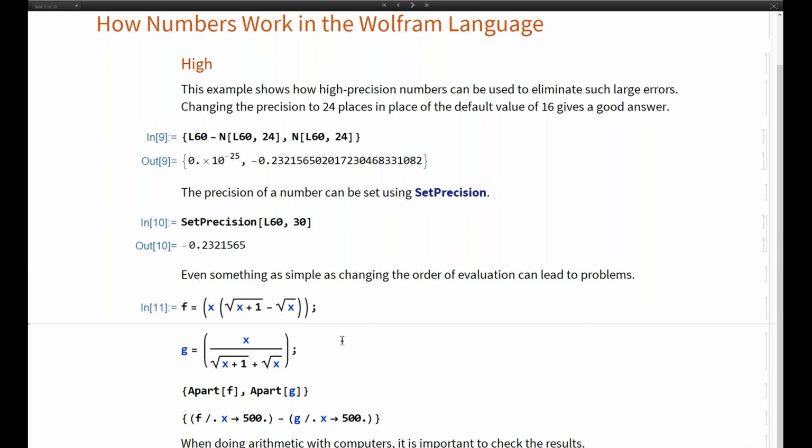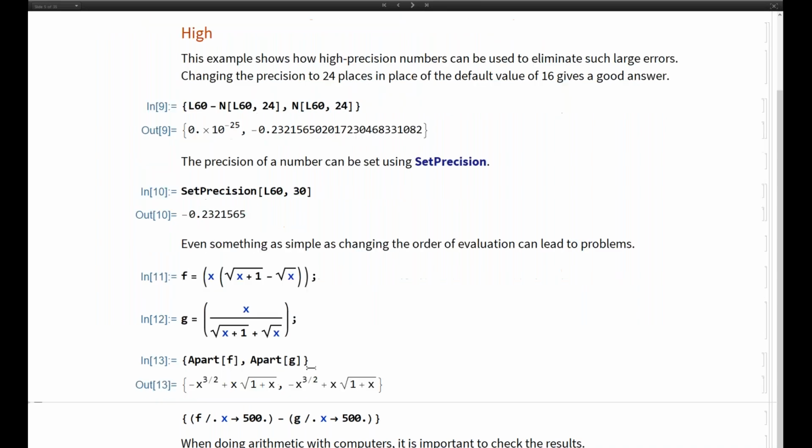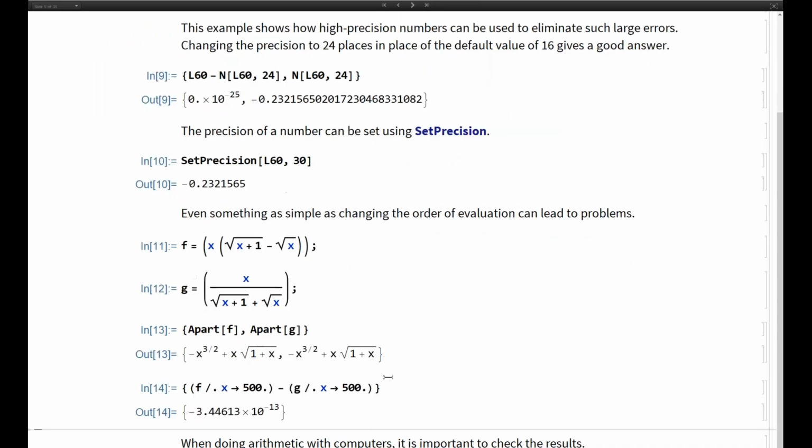Something as simple as changing the order of evaluation can lead to some interesting effects, and it's the reason why we highlight that setting your own precision can have very interesting results, in which case you may wish to set the precision based on whatever calculation you happen to be doing. If you need greater precision for whatever reason, then feel free to set that to 100 or greater. In most cases, we actually recommend that you stick to exact until the number at the end is requested.